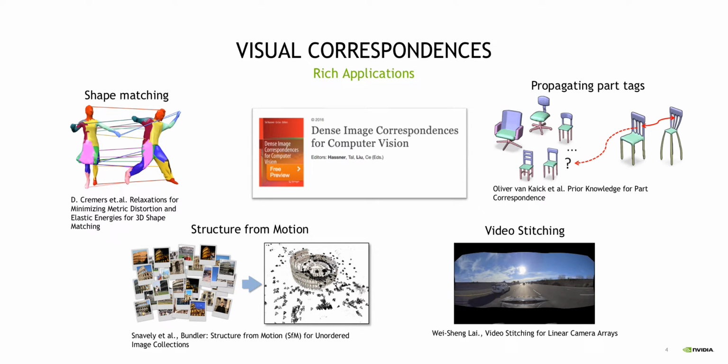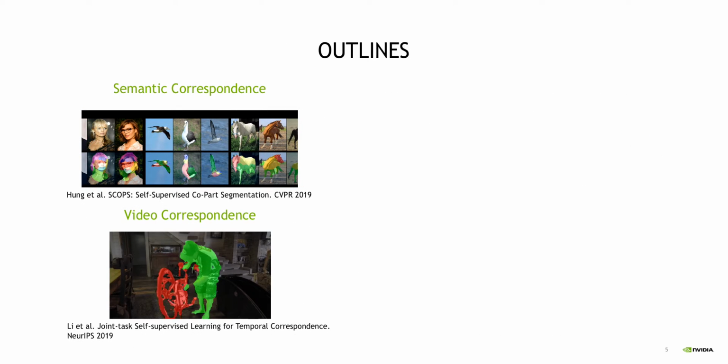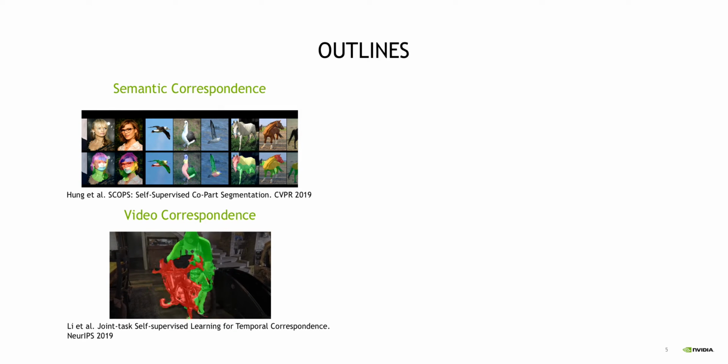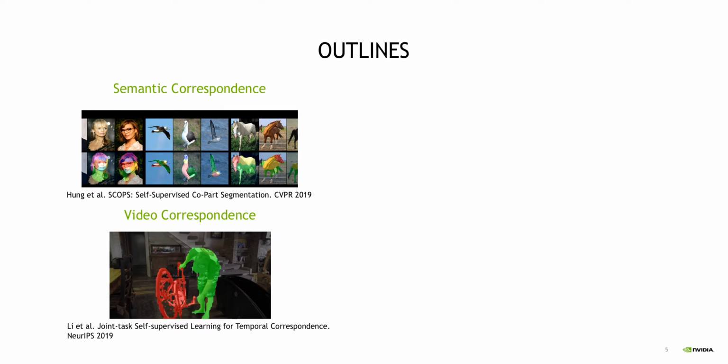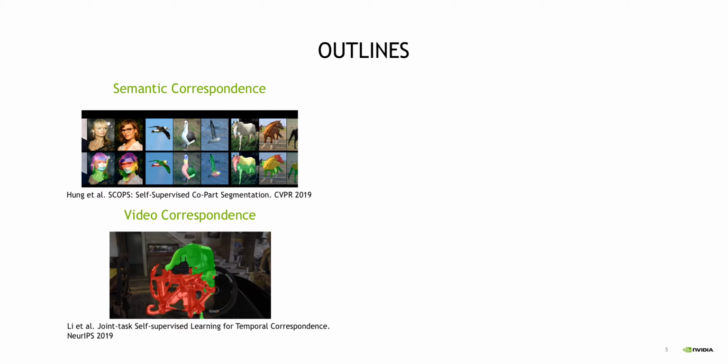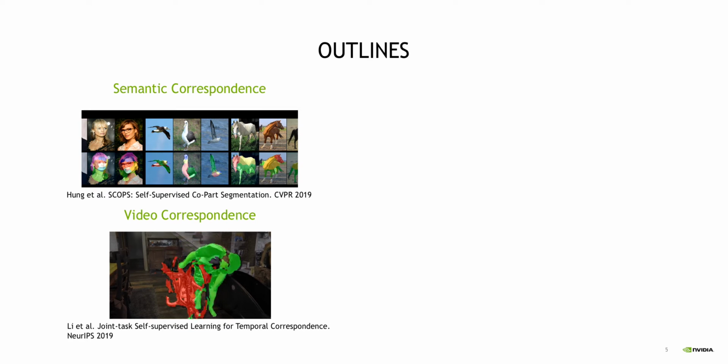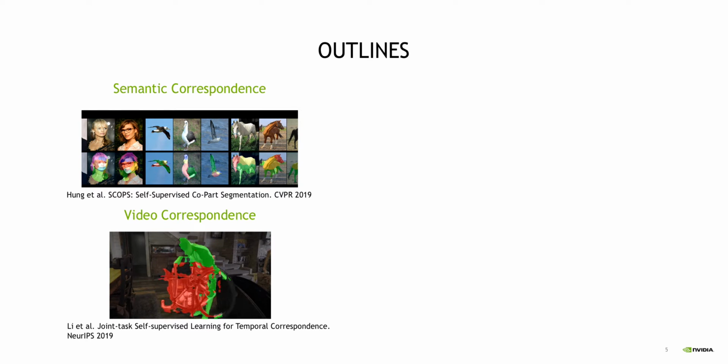So in this talk, besides introducing the core techniques, I will also particularly introduce how to utilize this method for 3D reconstruction. Specifically, I will introduce two aspects of learning correspondence: semantic correspondence, which helps to learn the corresponding part between different instances, and video correspondence, which densely tracks regions or pixels in the time domain.